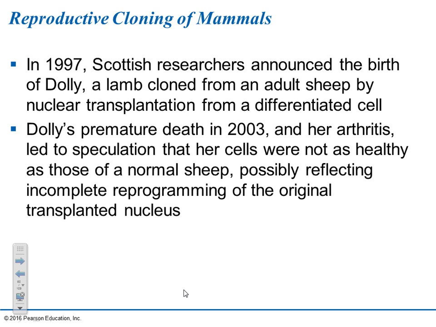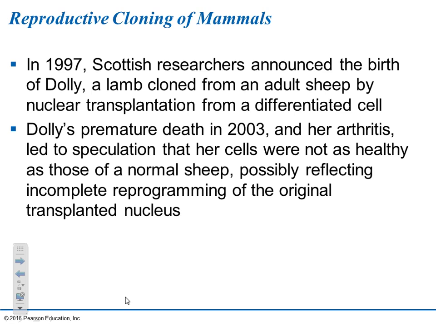But sort of the same problem. The cloned animal seemed to age quickly. It came from a cell, I believe it was an udder cell from a sheep. That nucleus had sort of aged, it had already differentiated and it had its path set, and that seems to be a bad thing.